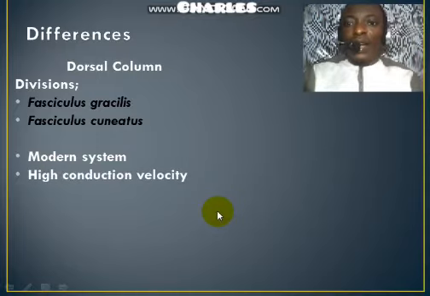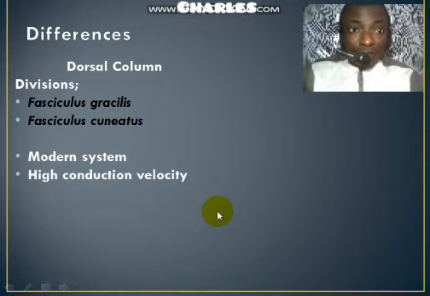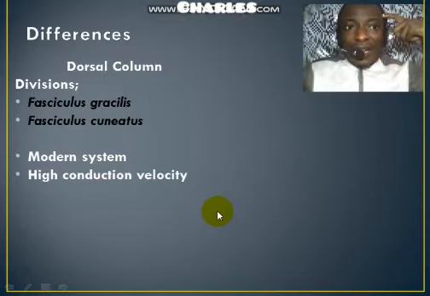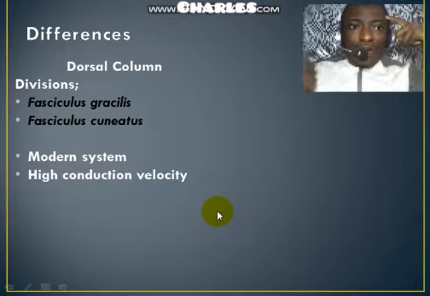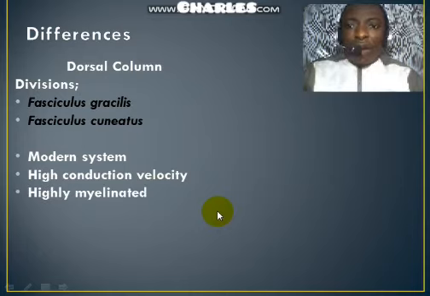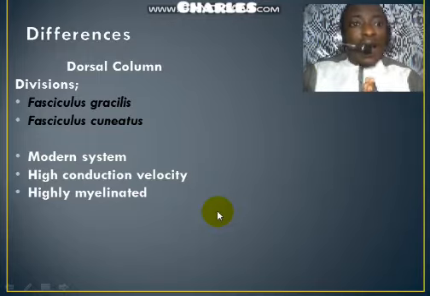Now, these tracts also have high conduction velocity. It means that the information from all body parts gets to the brain or the higher centers with speed, with a very high conduction velocity. One striking feature of these tracts is that they are highly myelinated, and that is why the conduction velocity is high.